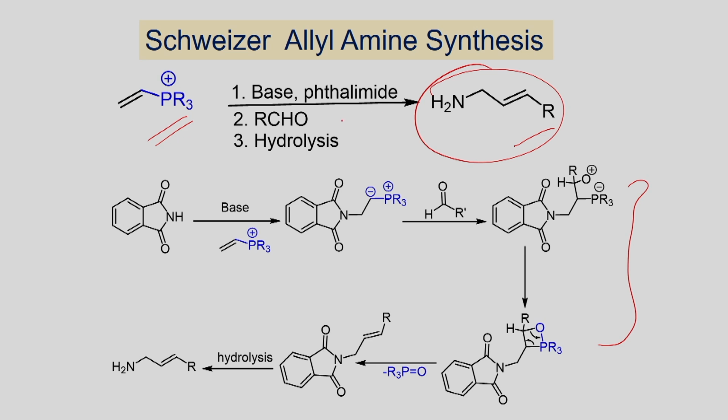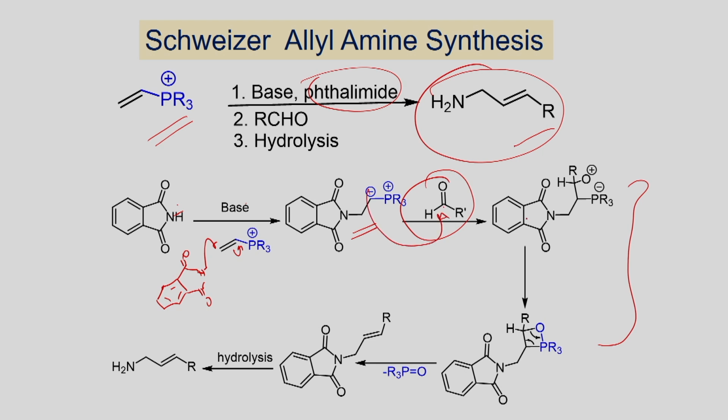Vinyl phosphonium salt in the presence of base can react with phthalimide as shown here. The base can deprotonate, you generate this anion, which can undergo addition reaction to give this halide. Once you form this one, it can undergo addition reaction with an aldehyde or ketone; an aldehyde is shown here.